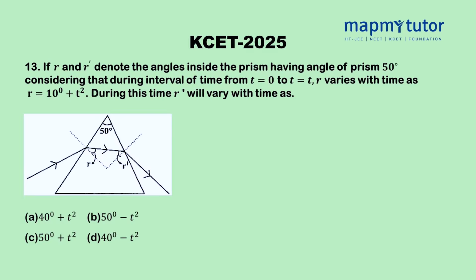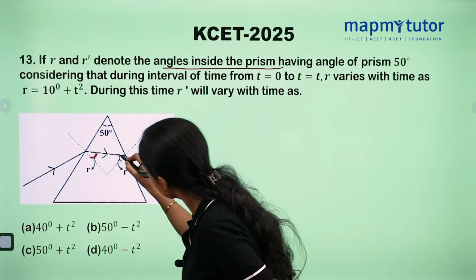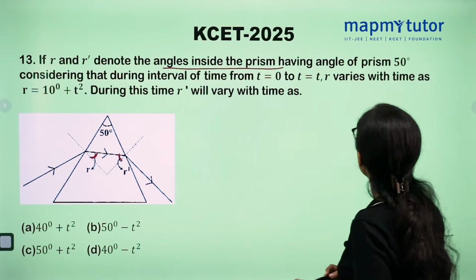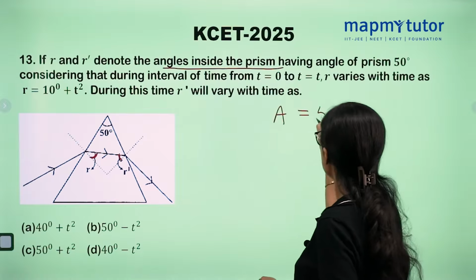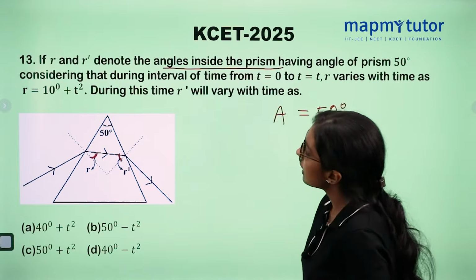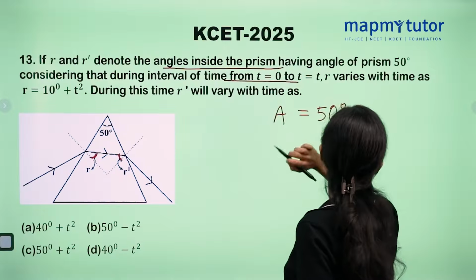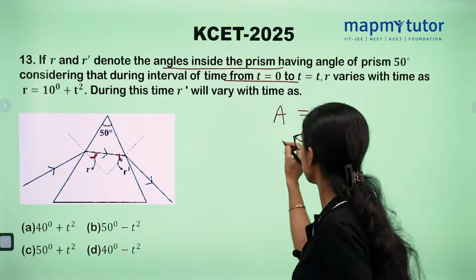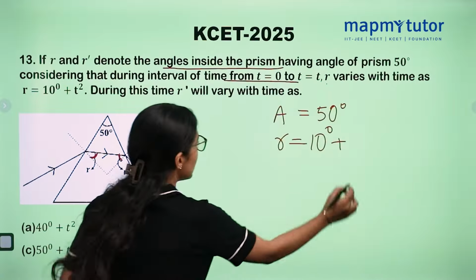If r and r dash denote the angles inside the prism, here is my r, this is my r dash, having an angle of prism as 50. So A, they have given me 50 degrees. Considering that during the interval of time 0 to t, r varies as 10 degree plus t square.